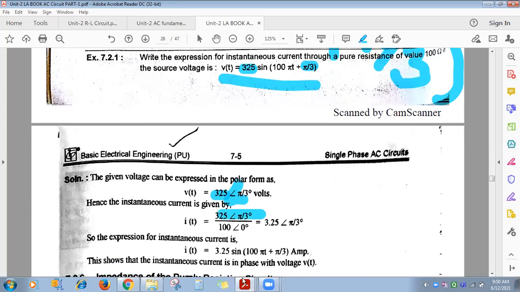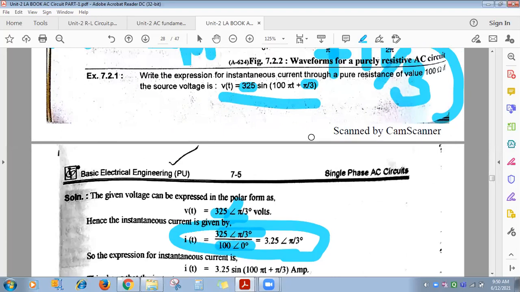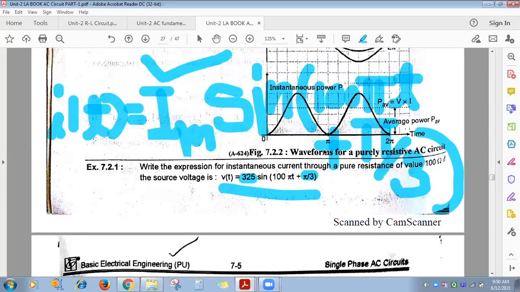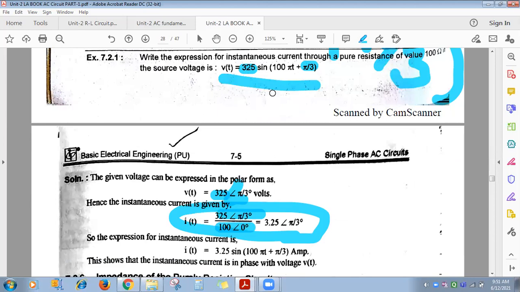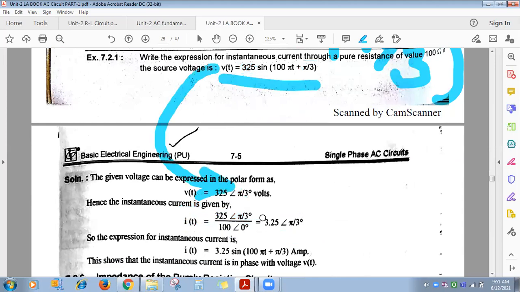This is the voltage. Voltage divided by resistance. Whenever you have to calculate I_m here, the calculations are done in polar form. You can do it in magnitude also. What we have done is we wrote the current equation and then calculated the I_m. Here what they have done is converted the voltage equation into polar form. So polar form of voltage divided by resistance. Resistance is 100 ohm.